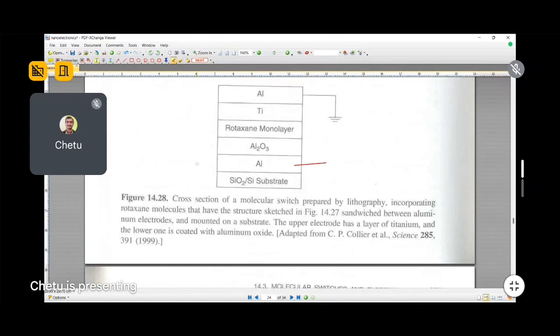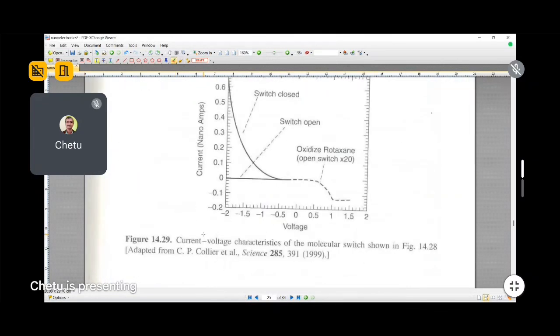More details are not given, like which is A input, which is B input, and which is Y. Okay. So the upper electrode has a layer of titanium, and the lower one is coated with aluminum oxide. So this is how it is shown, but the function is not there.